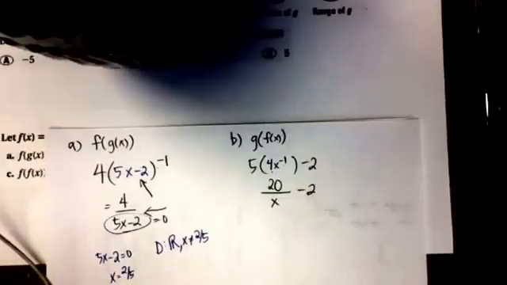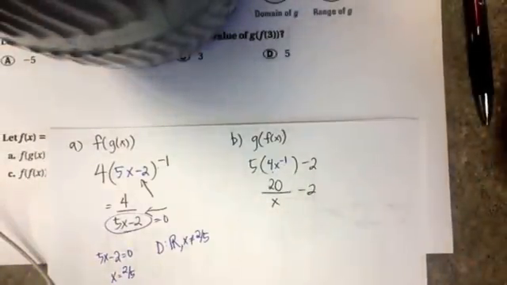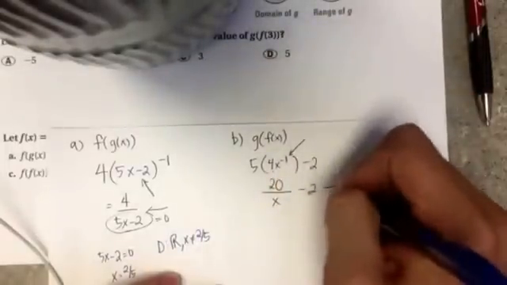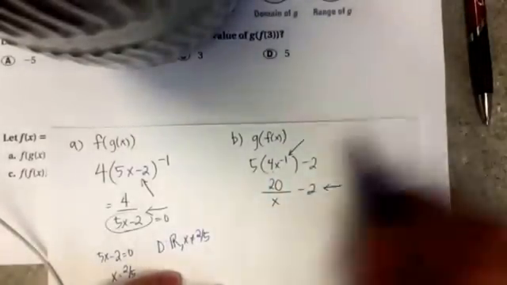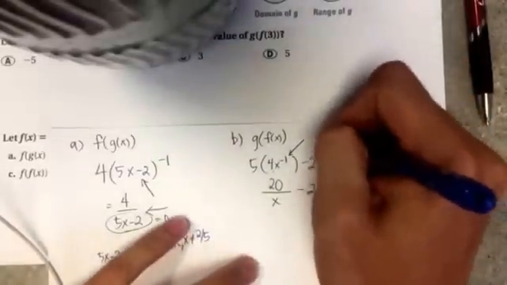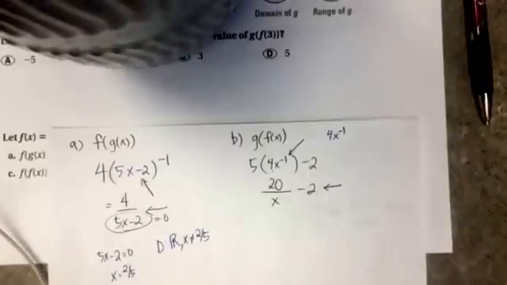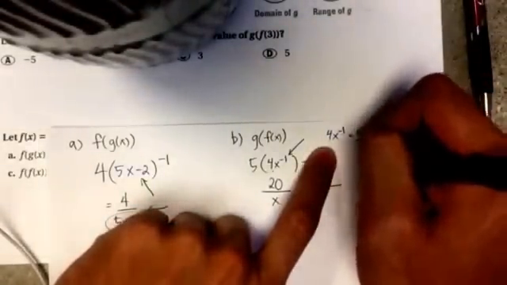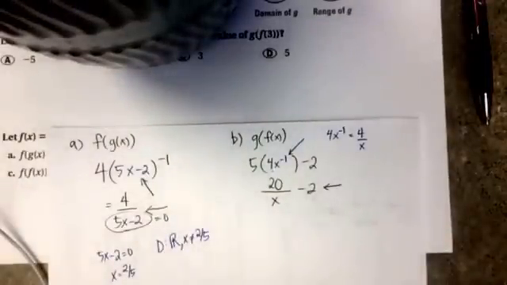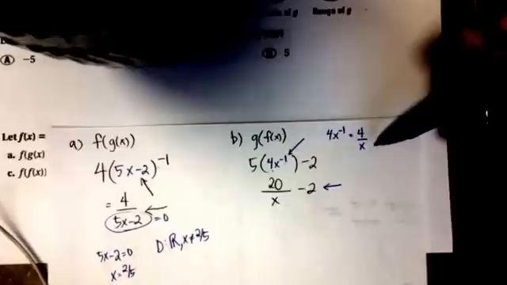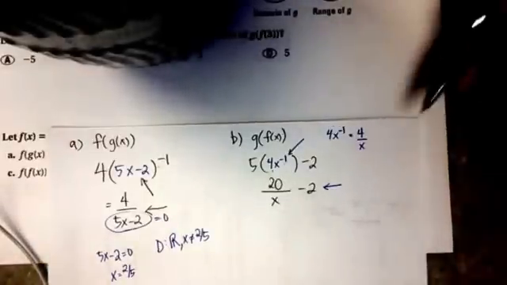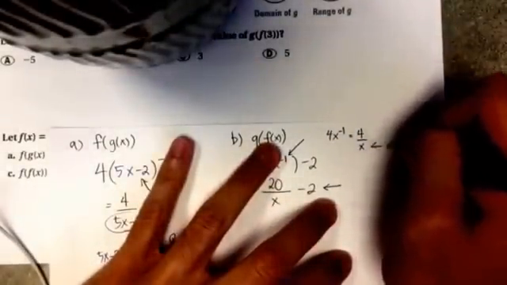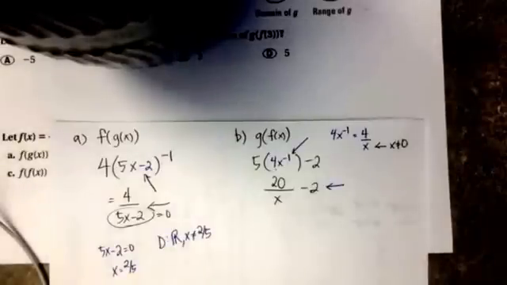So the last thing you'd need to figure out is what issues am I going to have with my domain? So you check what you plugged in and what you got as the answer. So let's talk about what I plugged in: 4x to the negative first. If I wanted to make that a positive power, then that would drop to the denominator. So I'd have 4 over x. So you have to ask yourself, is there a value that's going to make this denominator equal to 0? And the answer is yes. I can't use 0. Any negative number will work.